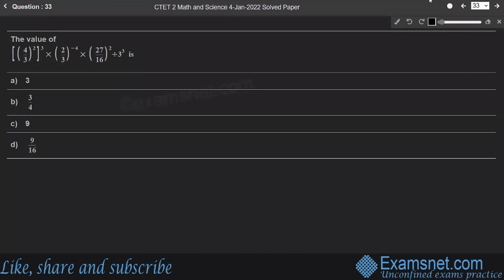Question number 33. The value of 4 by 3 square whole cube into 2 by 3 to the power of minus 4 into 27 by 16 square whole square divided by 3 cube is.